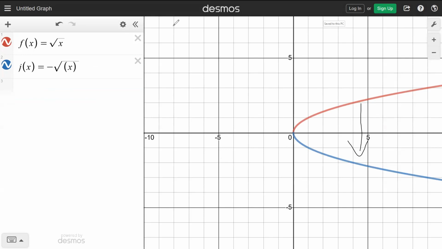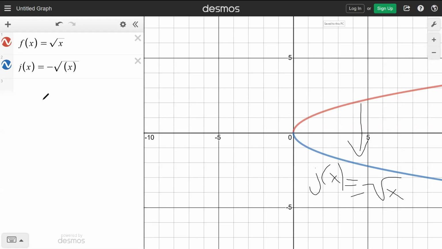It looks like it flipped across the horizontal axis, which if you're using x's and y's, that would be your x-axis, but since we're talking about inputs and outputs, it flipped across our horizontal axis there. And I'm actually going to leave this graph on here. So this is going to be j of x equals negative square root of x. Okay, negative square root of x.